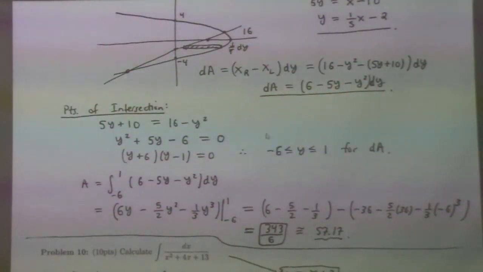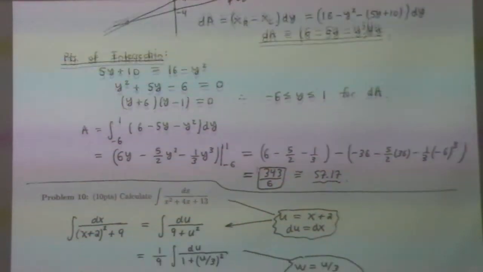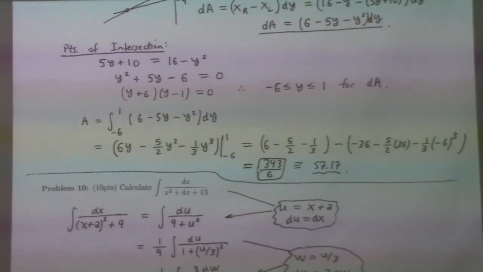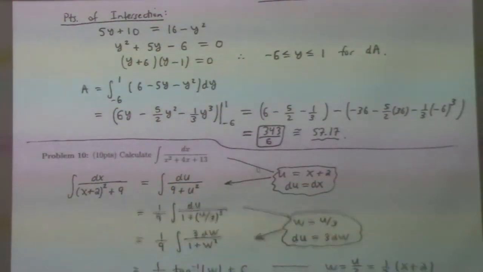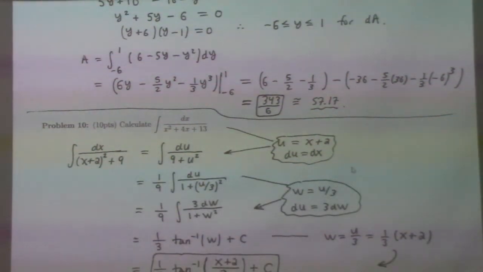Now, is it possible I have a mistake in the integration? Possible. I did check this with Wolfram Alpha, so it's more likely that there's an error in the setup, if anywhere, but I think this is correct. But I always hedge my bets a little bit when I have only 2 students. It's better when I have like 15 to check my work.